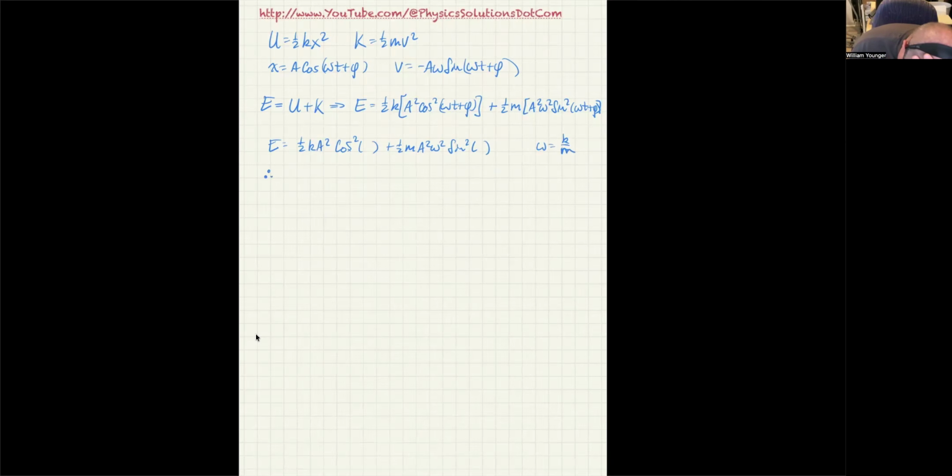Therefore, E is equal to 1/2 k A squared cosine squared(omega t plus phi), plus 1/2 m A squared, and in place of omega squared, I'm putting k over m. You can see that the m cancels out with the m there, but we still have the sine squared of whatever.